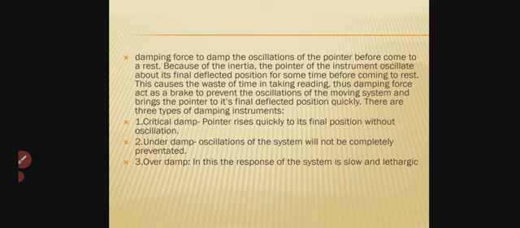A damping torque is produced by a damping or stopping force which acts on the moving system only when it is moving and always opposes its motion. Such a torque is necessary to bring the pointer to rest quickly.